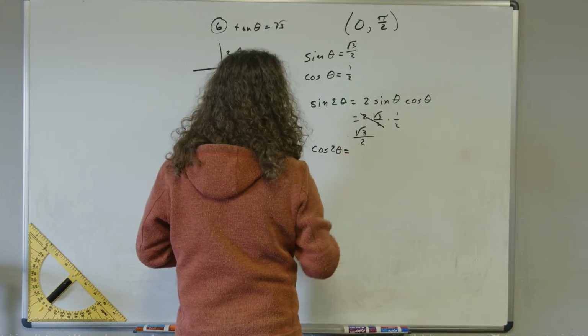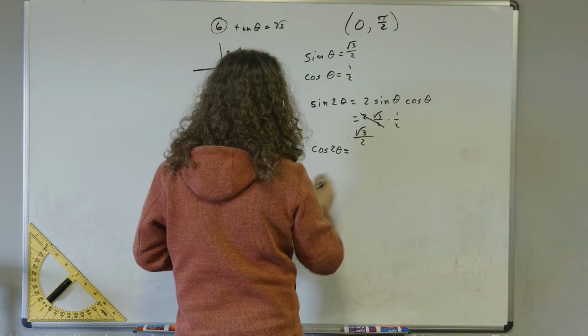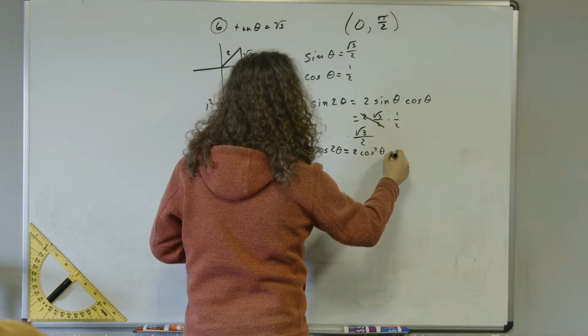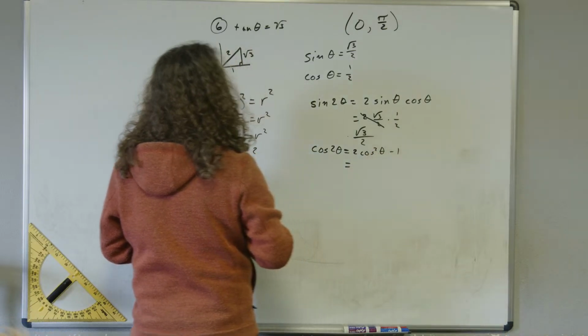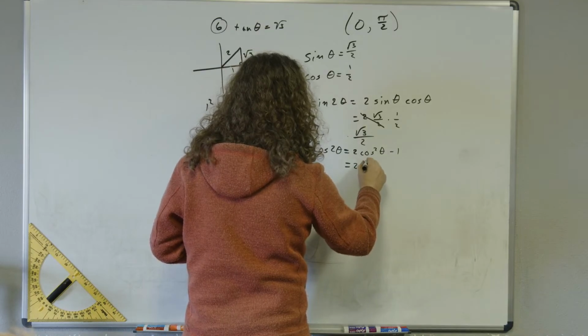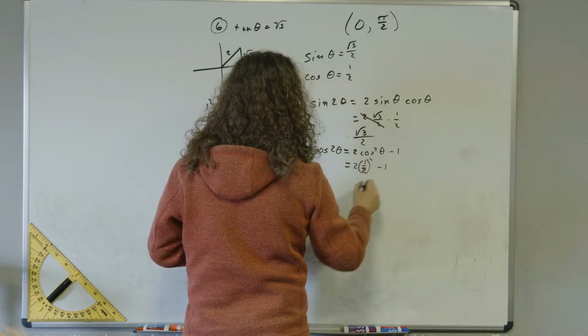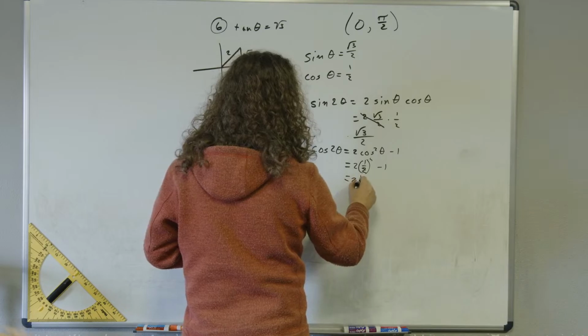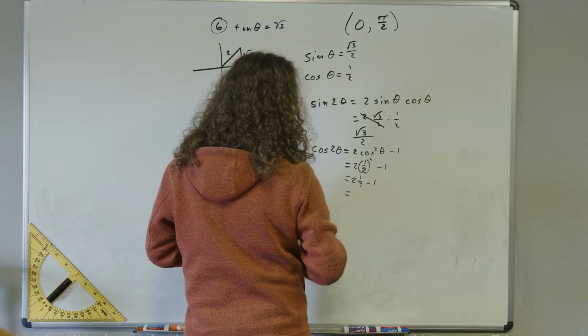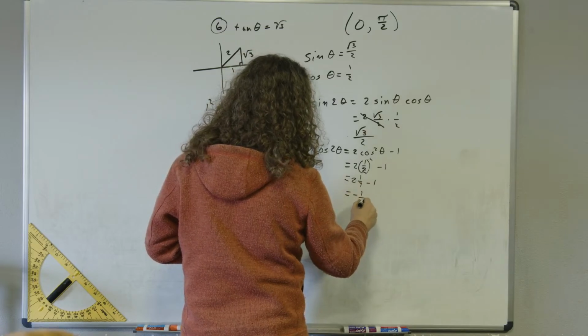What's the identity? Let's do a simple one: 2 cosine squared theta minus 1. So that equals 2 times 1/2 squared minus 1, so 2 times 1/4 minus 1. So 1/2 minus 1 is negative 1/2.